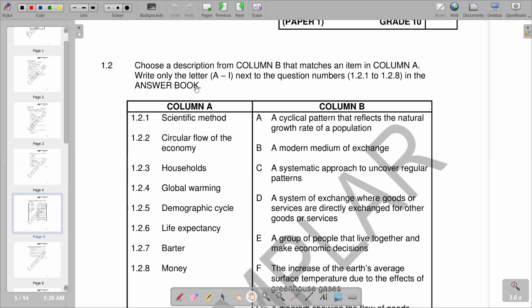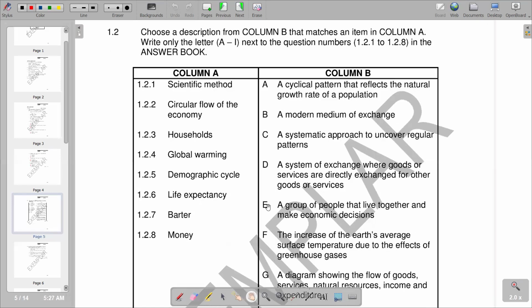Basically, scientific method usually is the process of objectively establishing effects, usually through testing and experiments. So this is the basic definition that we can give in terms of scientific method. So we try to see according to the explanation in column B, which actually matches that explanation.